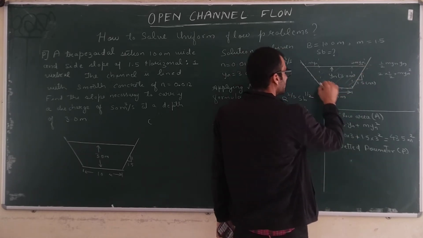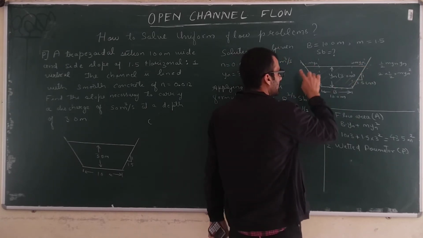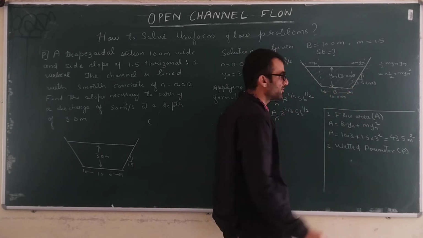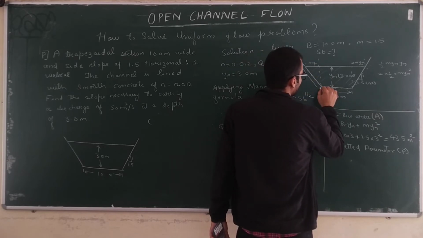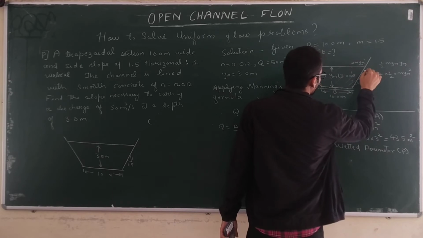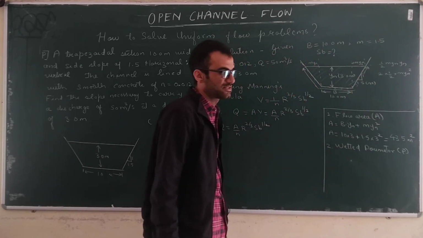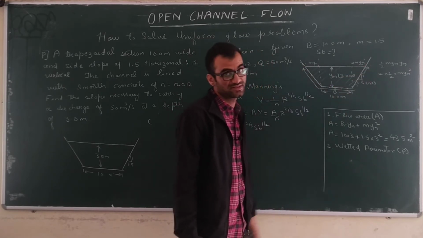In this cross section, how much length is in contact with the flow? This sloping length here, this straight length here, and then again this sloping length here. So this much length is wetted by the flow, and it becomes the wetted perimeter.